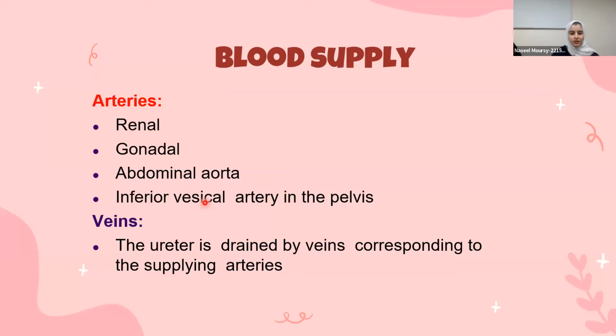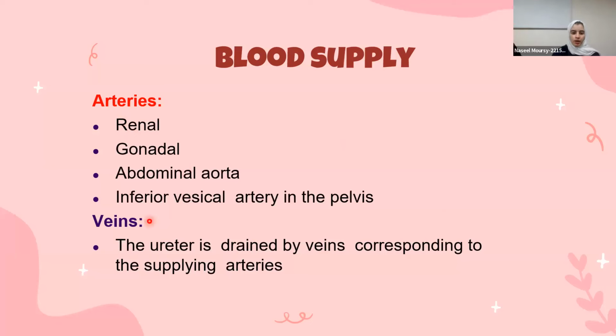And then inferior vesical artery in the pelvis. It's kind of weird, but you can memorize this one. However, I don't think they'll be that strict in asking you to list four arteries, but maybe they'll ask you to list two arteries that supply the ureter. So you say renal and gonadal, or abdominal aorta, for example.